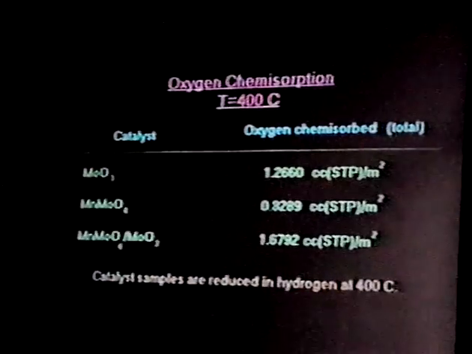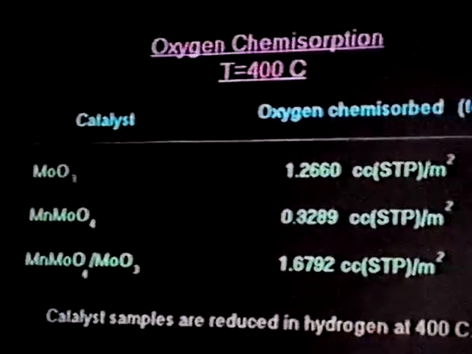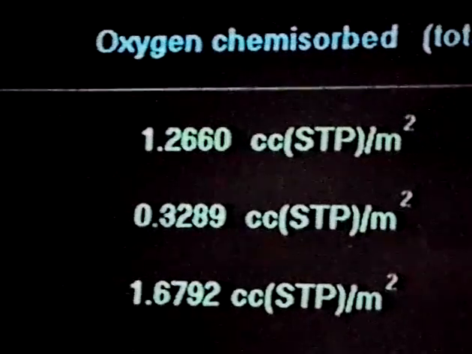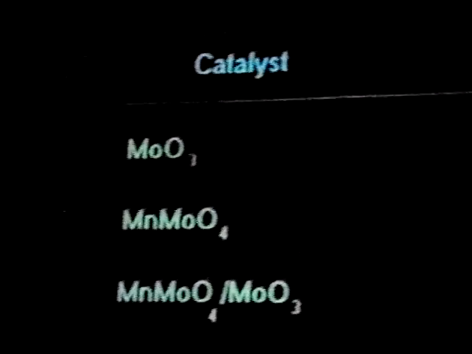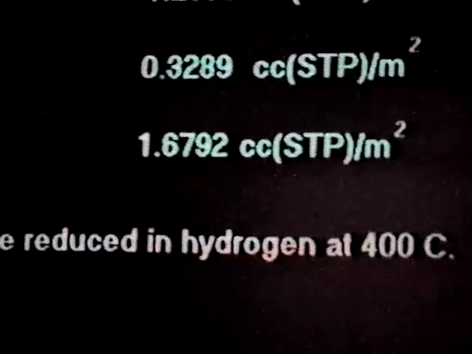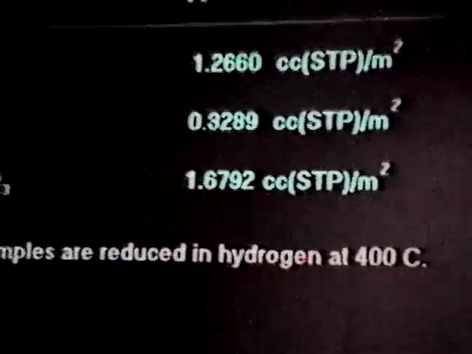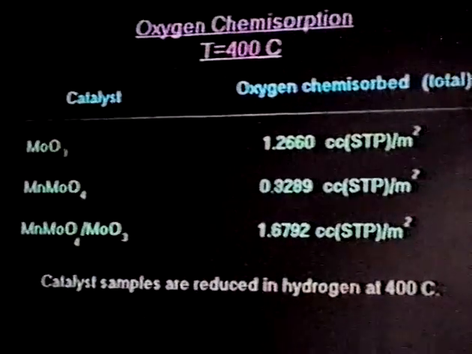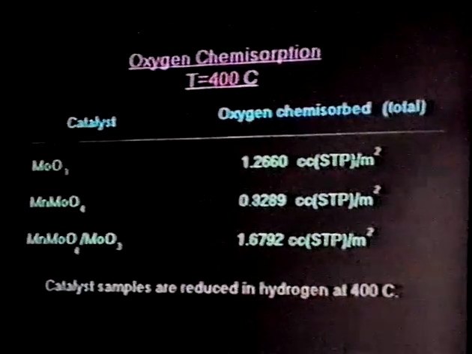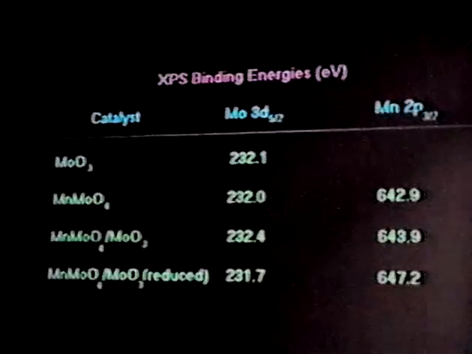When we have done similar chemisorption experiments over the reduced samples, we have seen that the highest degree of reduction was observed over the promoted catalyst. Next one was molybdenum trioxide, and it was followed by manganese molybdate. So we have seen that the promoted catalyst seems to be reduced more easily, and it also has the highest oxygen uptake.